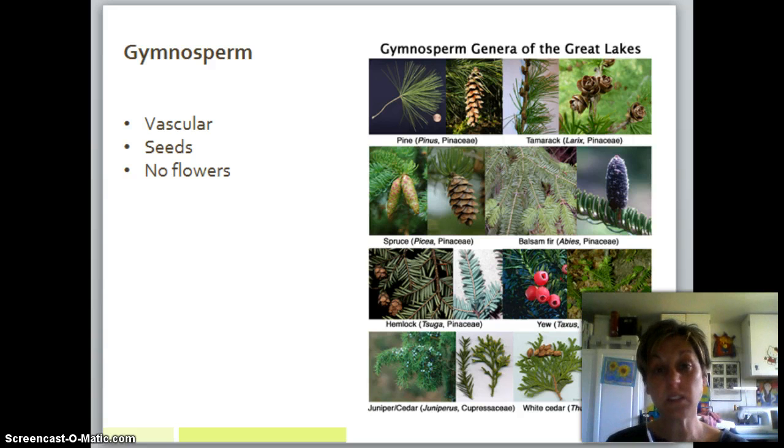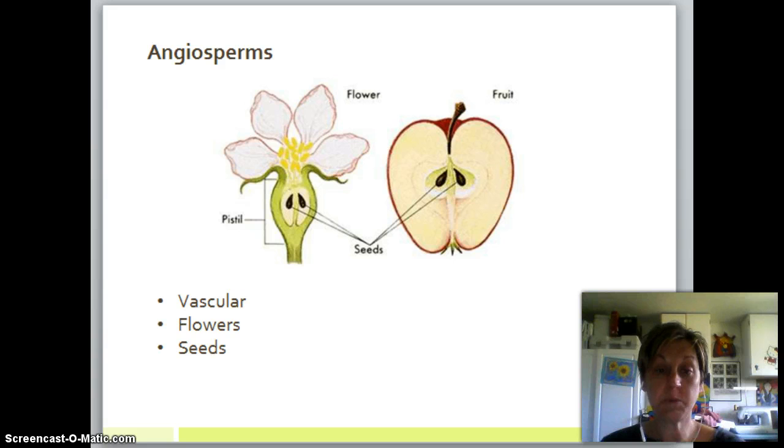But they don't produce a flower. Then we have angiosperms. And angiosperms are vascular plants, and they do produce a flower and they do have seeds. So the flowers help with the pollination and reproduction process, in order to create those seeds for reproduction.